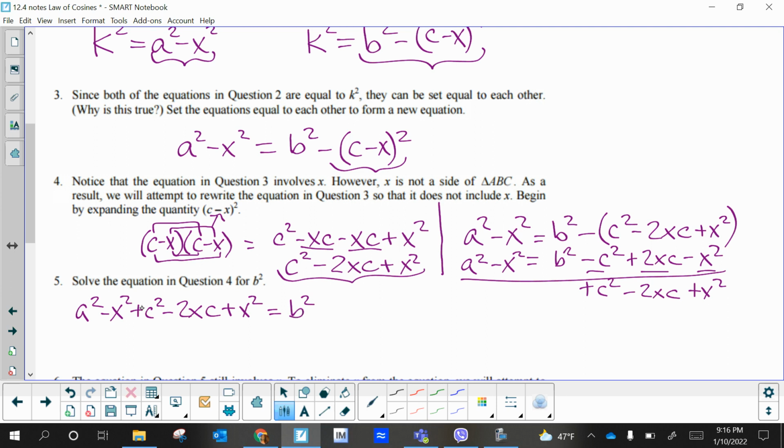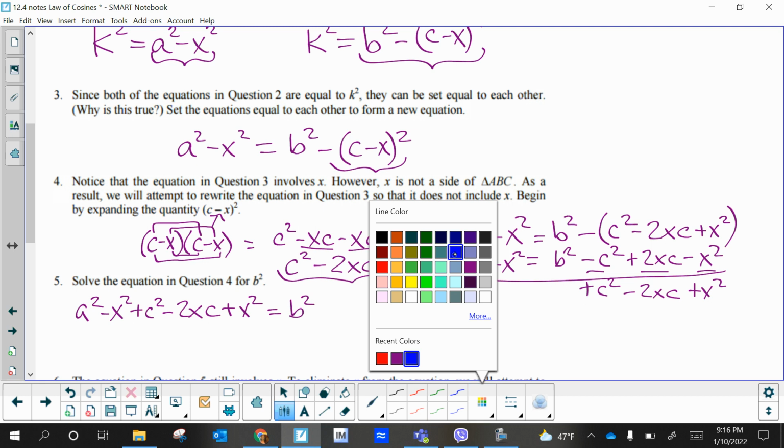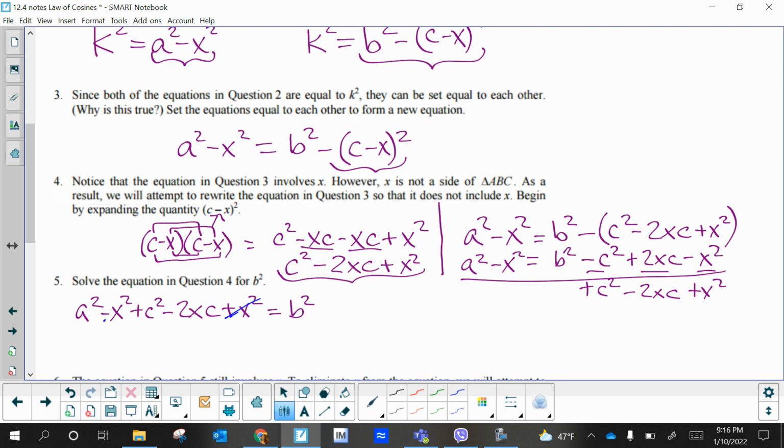Okay, is there anything we can simplify over here on the left? I notice a couple of things. If I have minus x squared and plus x squared, what happens to those? Those cancel out. Okay, so let's simplify this. I've got a squared plus c squared minus 2xc equal to b squared.